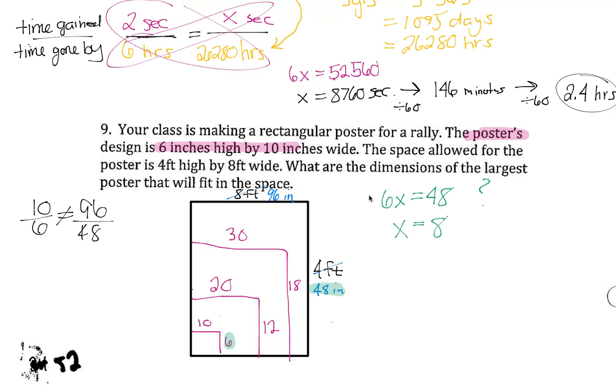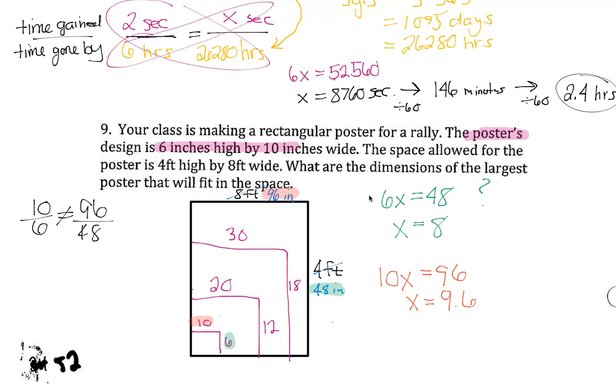If I do it the other way, if I say 10 times what scale factor is going to turn it into 96, x is going to be 9.6.